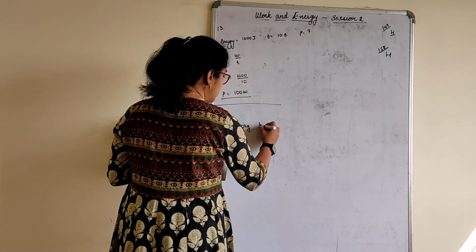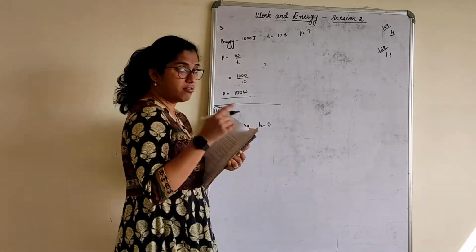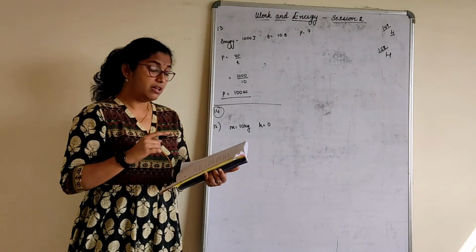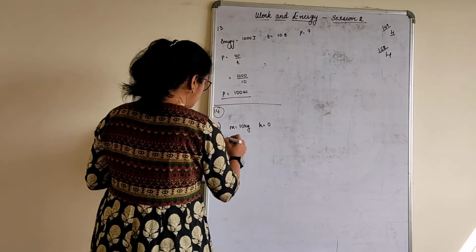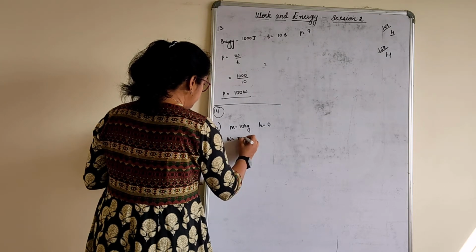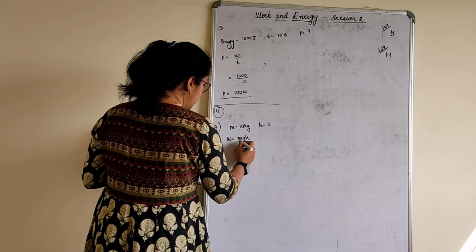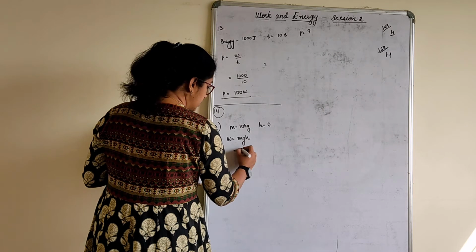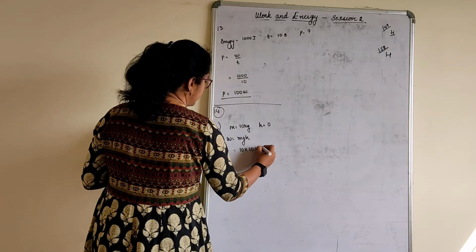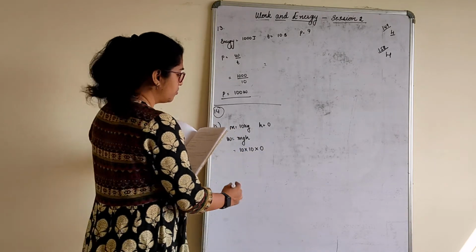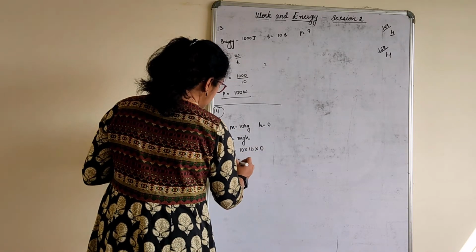It is not lifted, so h is equal to 0. It is not lifted to any point, but the gravitational force they have asked. So work done is equal to mgh. Mass is 10 kg. Gravitational acceleration I'll consider 10 only, doesn't matter, where the height is 0. So work done is also 0.